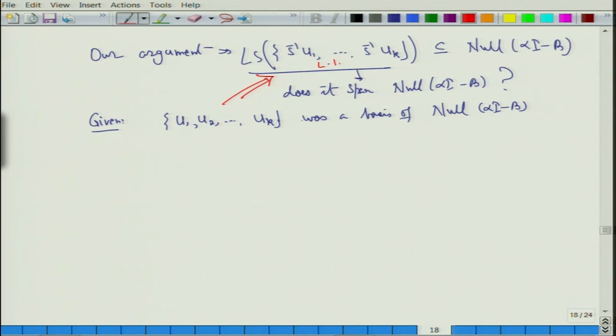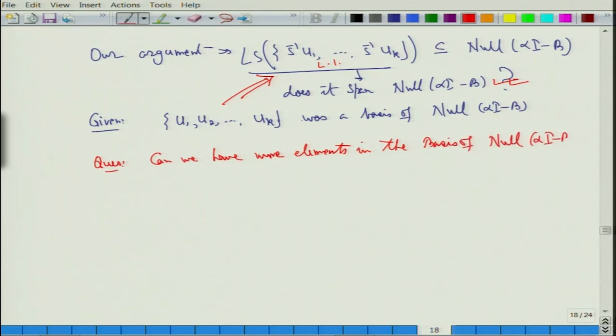Fine. The question is, can we have more elements in the basis of null space of alpha I minus B?